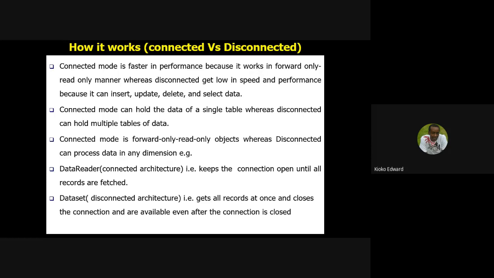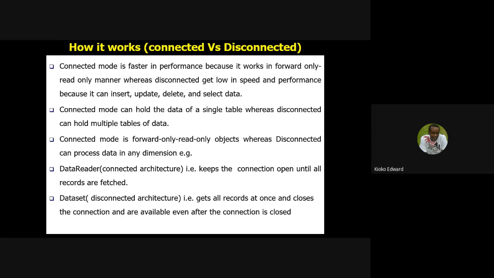Another example, of the disconnected mode, is the dataset object, which uses the disconnected architecture. And this one will get all the records at once. Then after we get all the records, we can close the connection, and the data will still be available after the connection is closed. So just see the two differences.